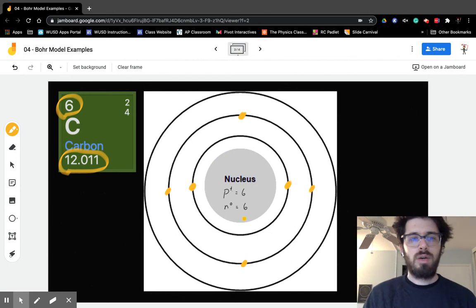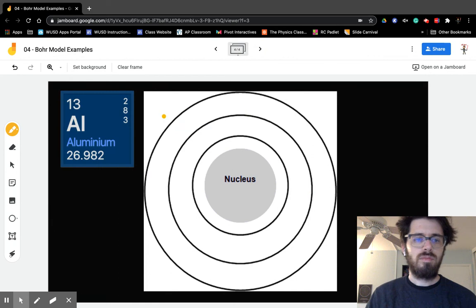All right, let's go ahead and go to the last example, which is that of aluminum. Much like the last example, aluminum has an atomic number of 13, which tells us that it has 13 protons and 13 electrons.